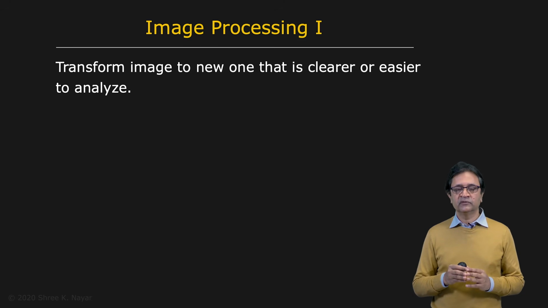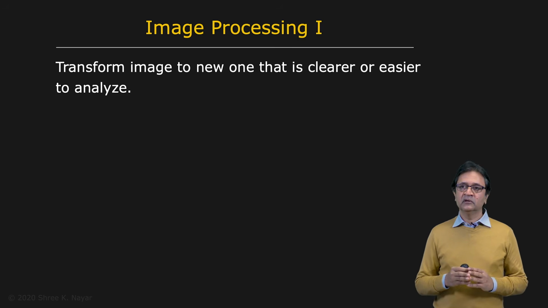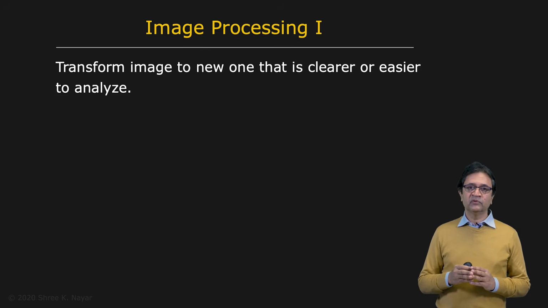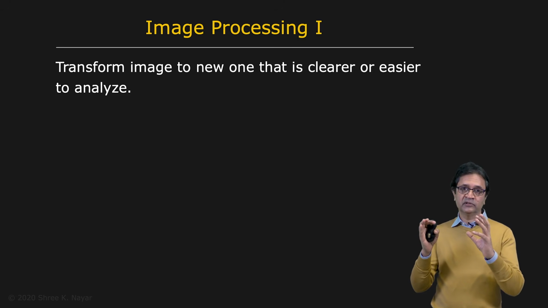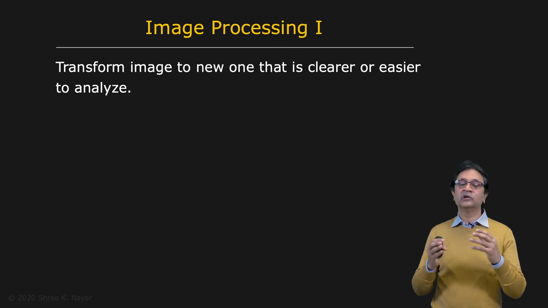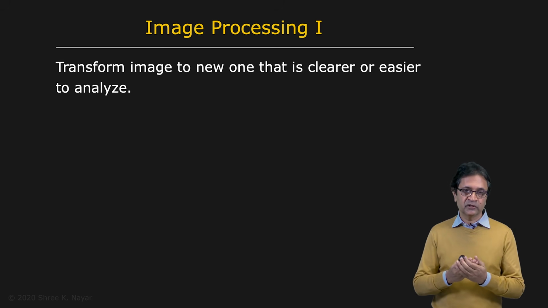So let's talk about a clearer image. Let's say you take an image of a scene at nighttime and it happens to be grainy or noisy for lack of light. We want to be able to remove the noise from the image. Or let's say that you had a fast-moving object and you take a picture of it, the object gets smeared in the image. That's called motion blur. We want to be able to remove the smearing and create a crisp image of the object.